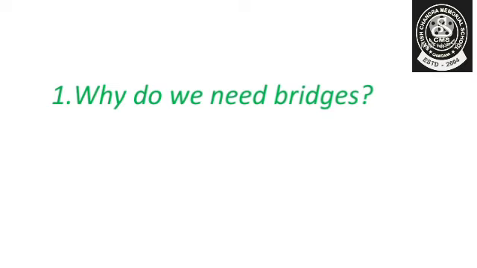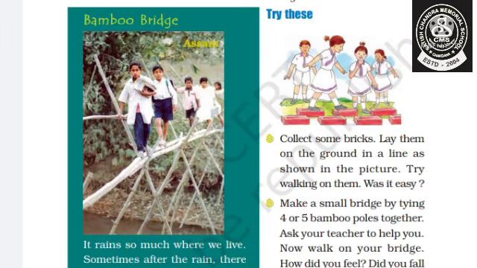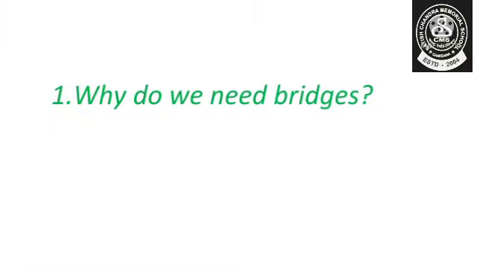The first question, children: why do we need bridges? As you already know about the bamboo bridge, which is used in which place? In Assam, right? So why do we need bridges? We need bridges to go across what, children? Water bodies, right?